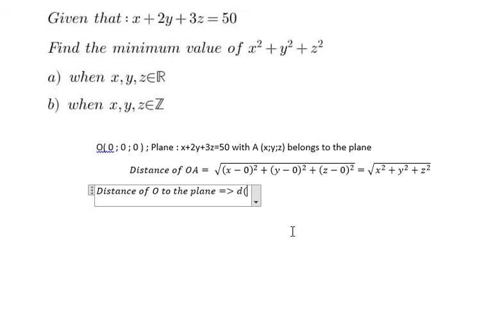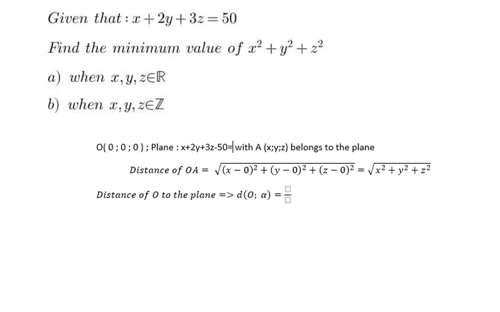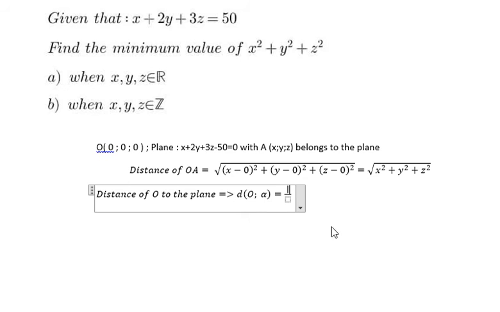So we have d of O and alpha. We put alpha as the plane in here. Because we have the 50 on the right, we put the 50 on the left, and now we have the formula of the plane in here. So we put about 0, 0, and 0, so we get 0 plus 0 plus 0 minus 50.